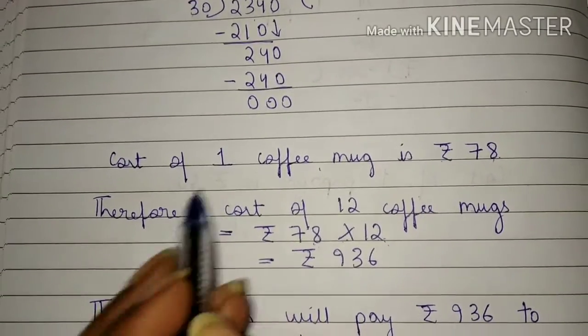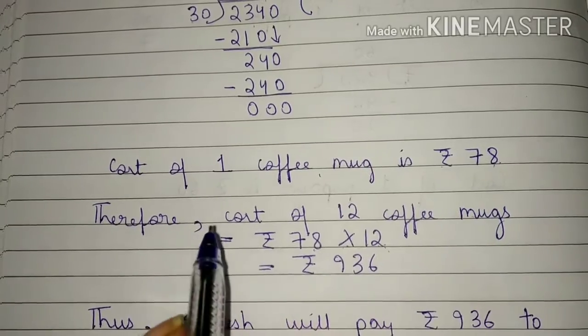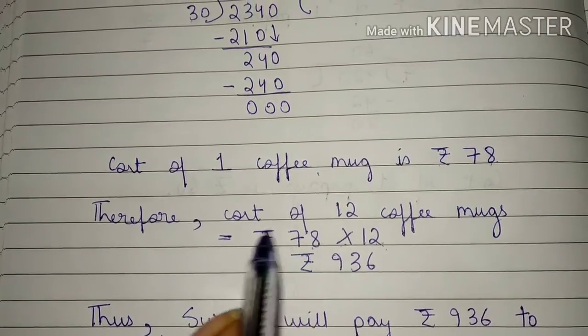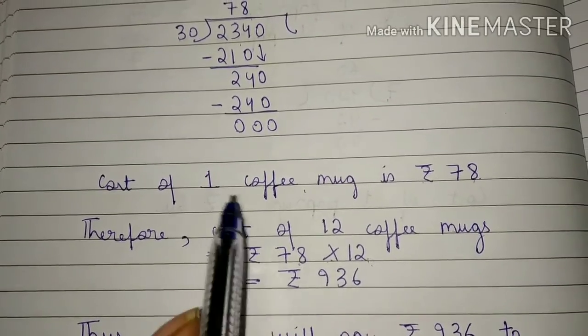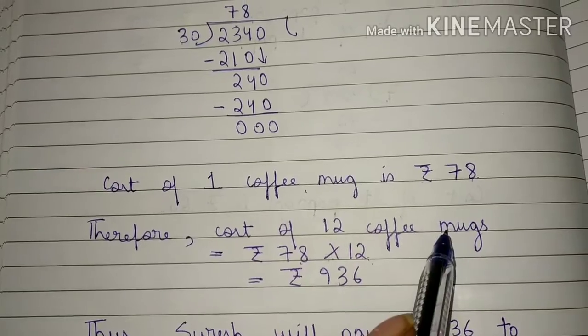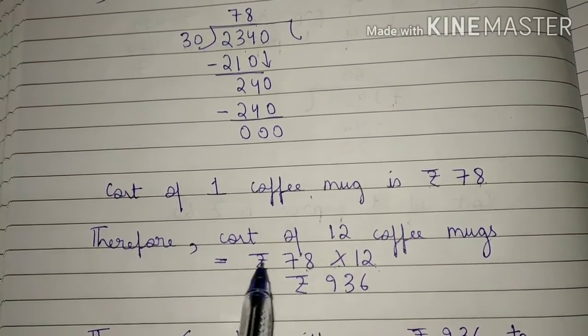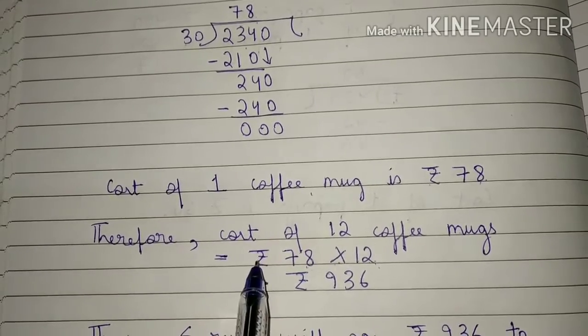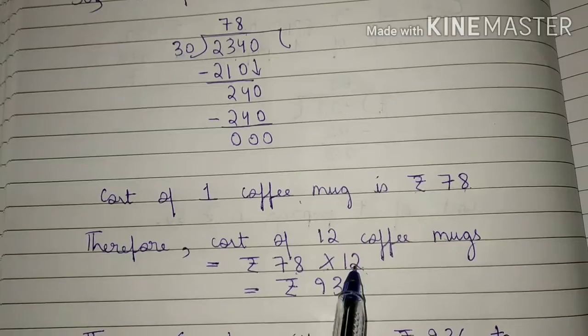Students, in order to find out the cost of 12 coffee mugs, we will multiply rupees 78 by 12. It means we will multiply the cost of one coffee mug, which is rupees 78, by 12.